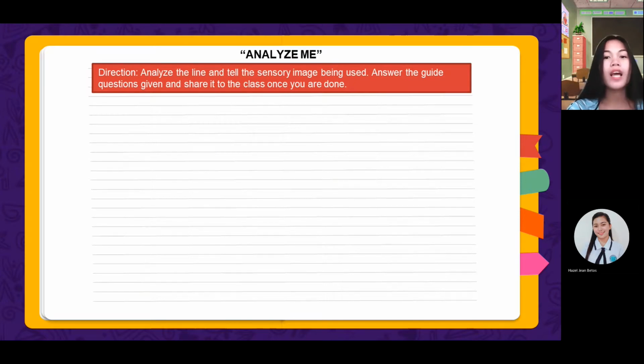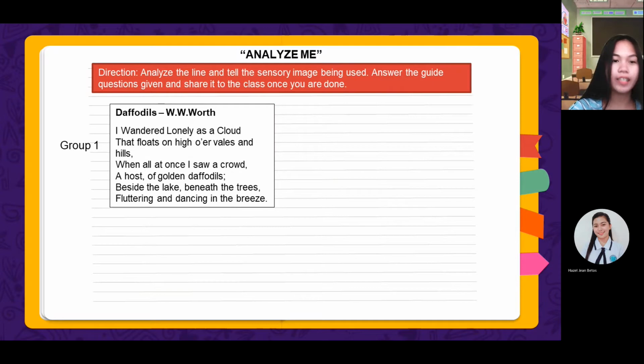I will be making breakout rooms for you to share with your groupmates, and you have to share your ideas. Once you're done, just tell me so that we can proceed to our sharing. Is that clear? All right, so this is for group 1. Since you will be divided into 4, this is for group 1: Daffodils.